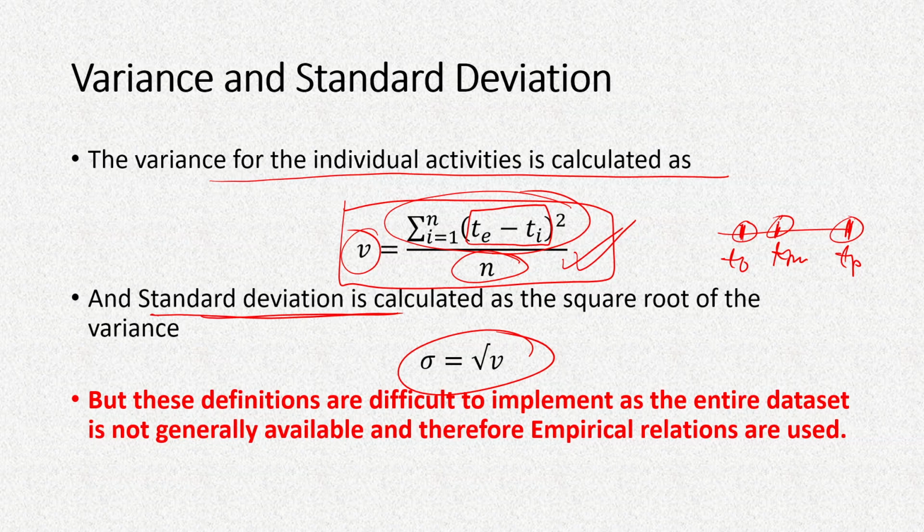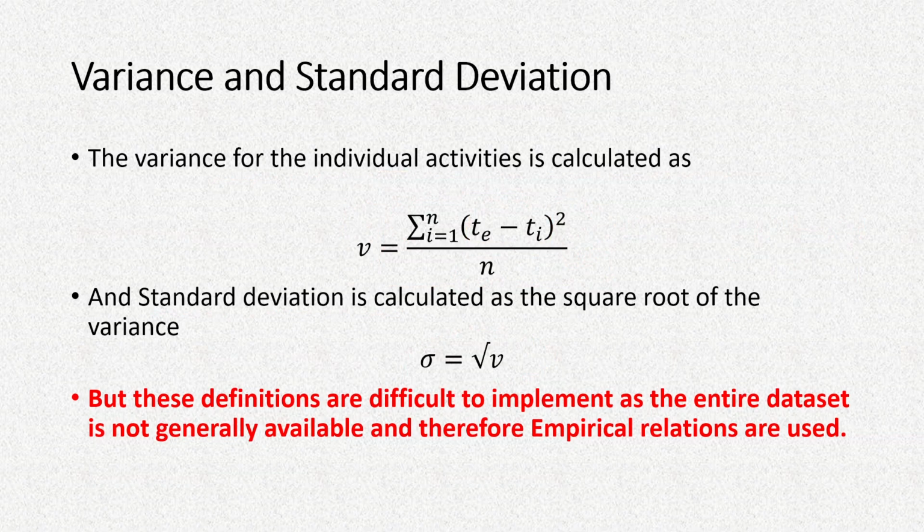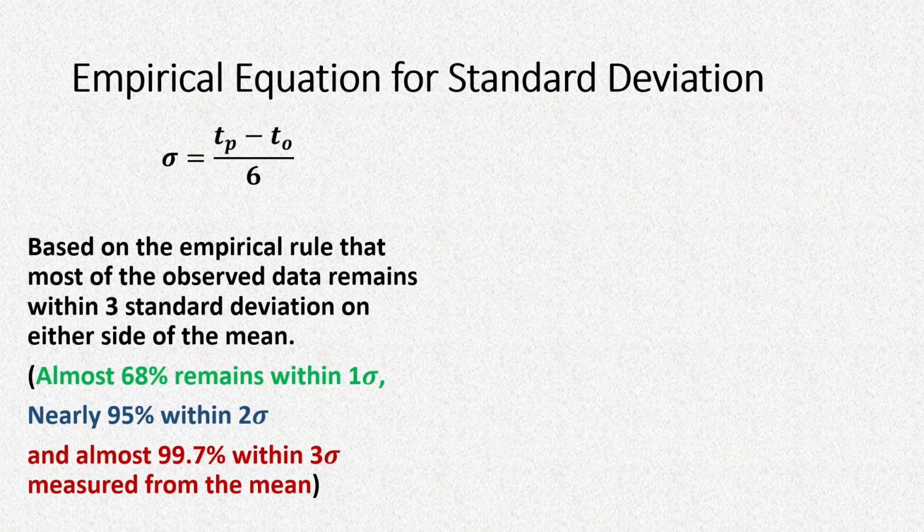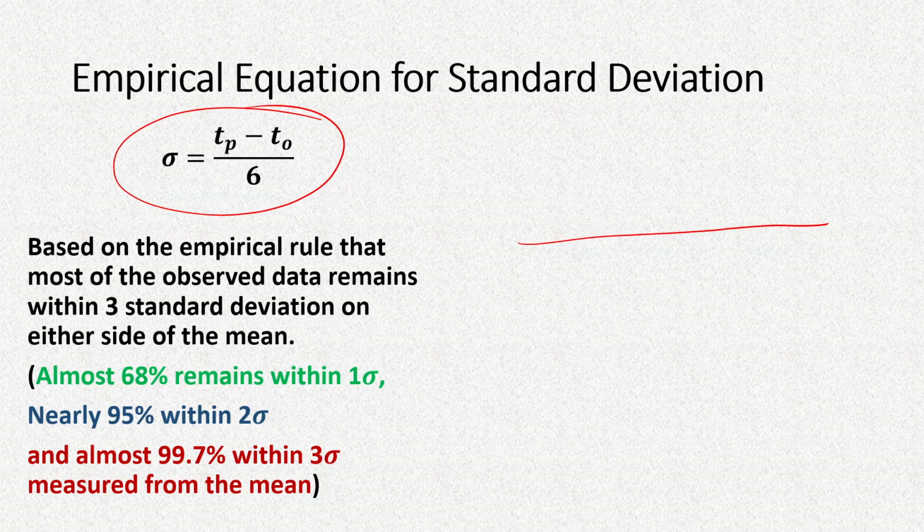So what we are going to do is apply this to the mean, which is normally distributed, and for that we can use an empirical equation or empirical information. If something is normally distributed, now we are dealing with the mean only and not the actual original distribution.